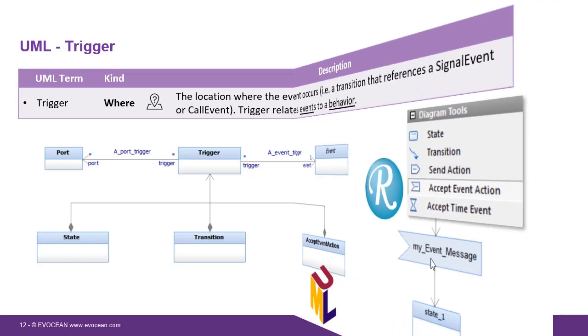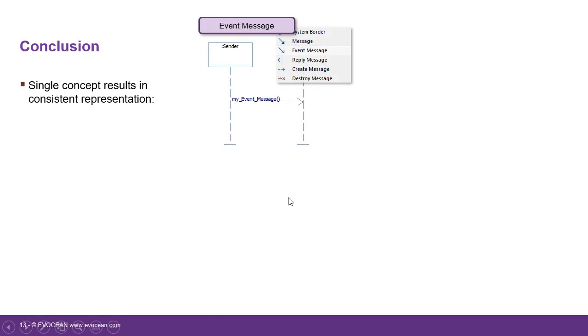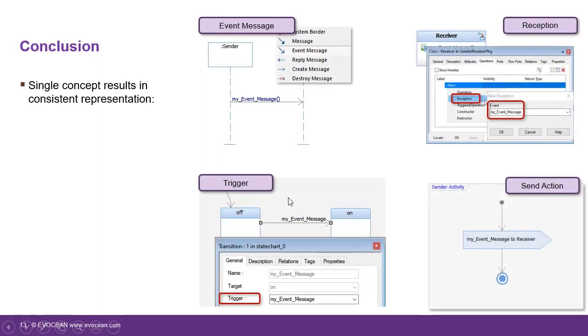As you can see, Rhapsody uses a single concept for different diagrams. Rhapsody thus takes a very pragmatic approach that ensures a consistent representation, starting with sequence diagrams, through behavioral diagrams and architecture, and forms the basis for optimized code generation.